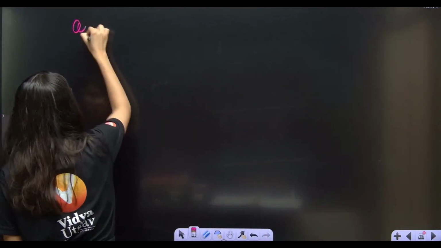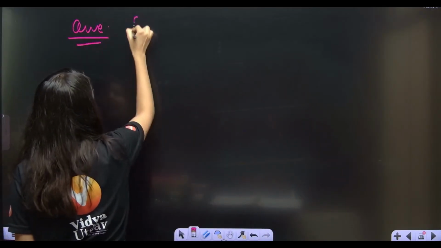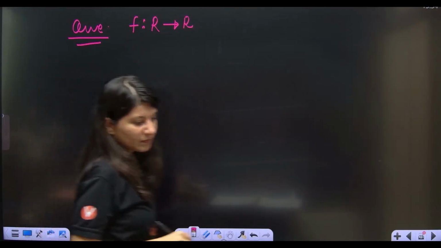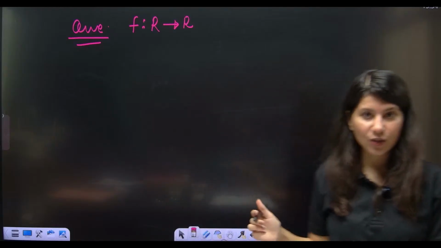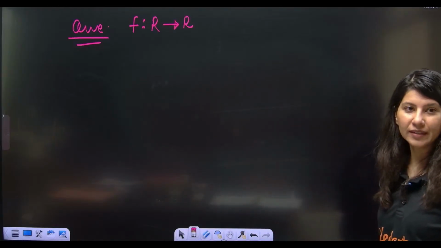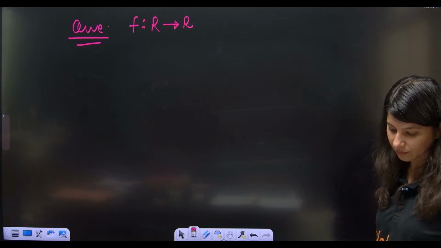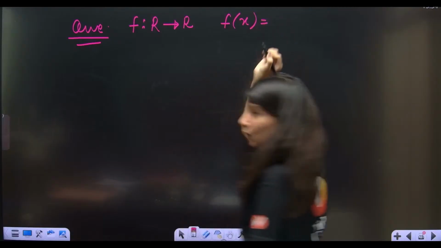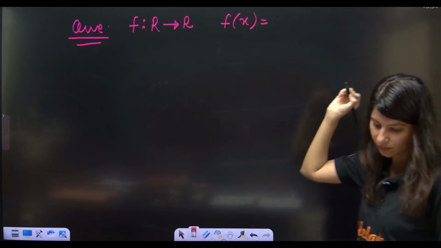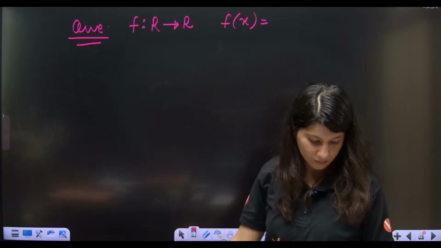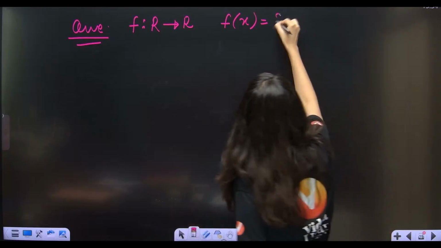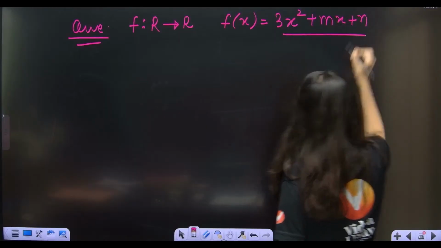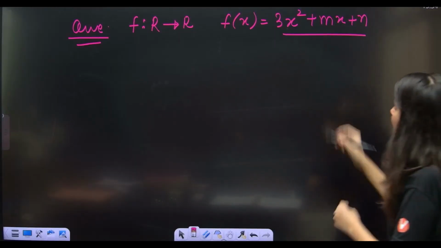So yes, this is your question, which says f is R to R. f(x) is equal to (3x square plus mx plus n) whole upon (x square plus 1).